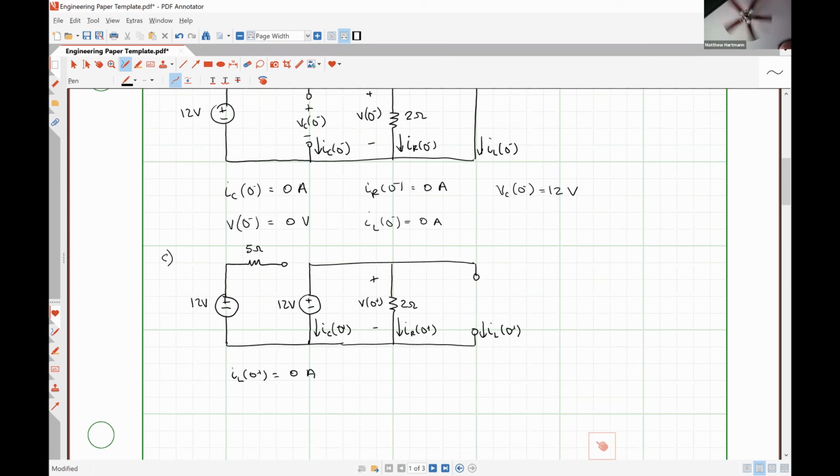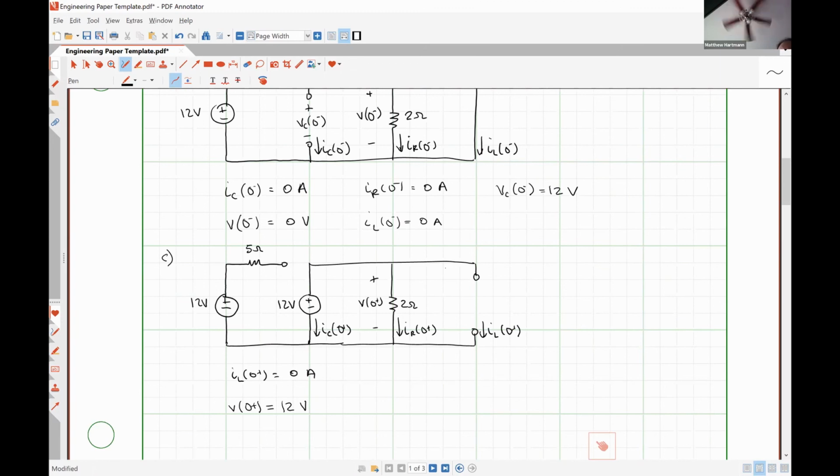V at 0 plus is going to be 12 volts. The capacitor voltage can't change abruptly, and V didn't represent the capacitor voltage before the switch closed, but it certainly does afterwards. So VC at 0 minus has to be equal to V at 0 plus.